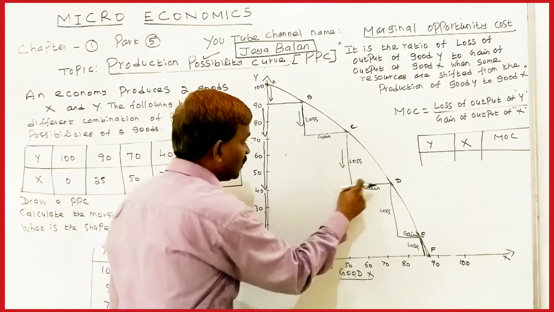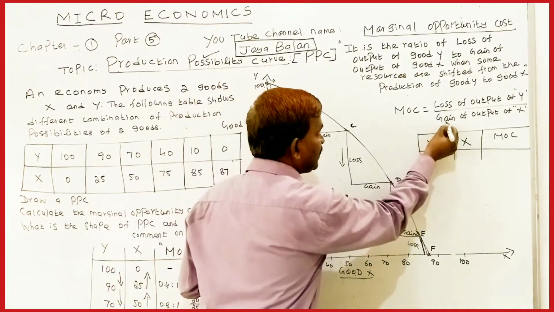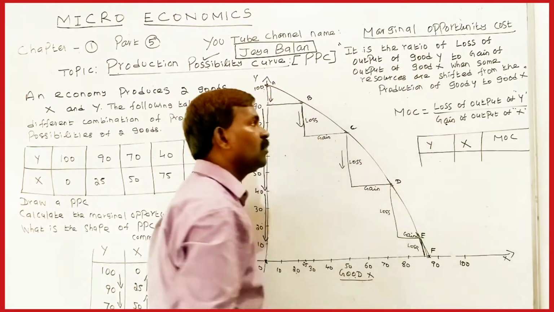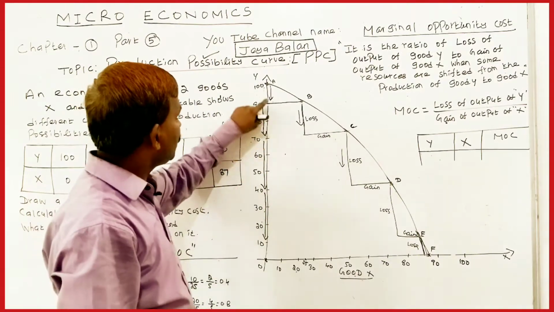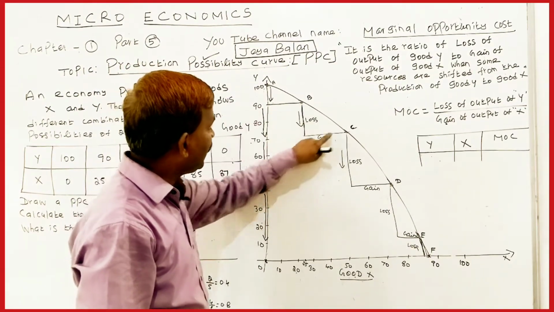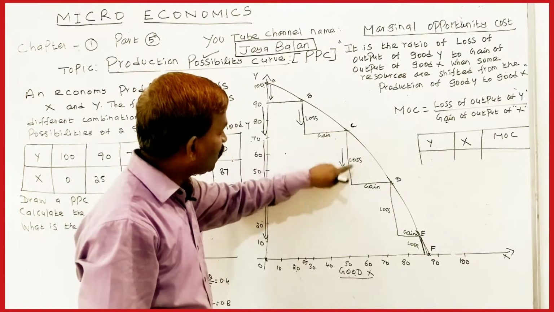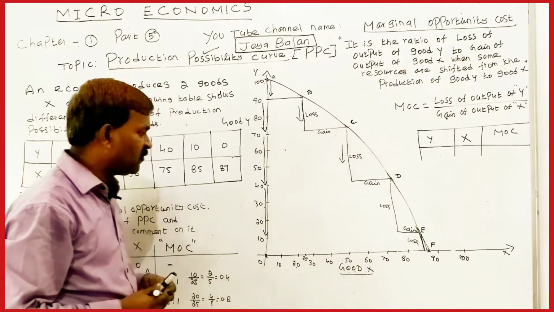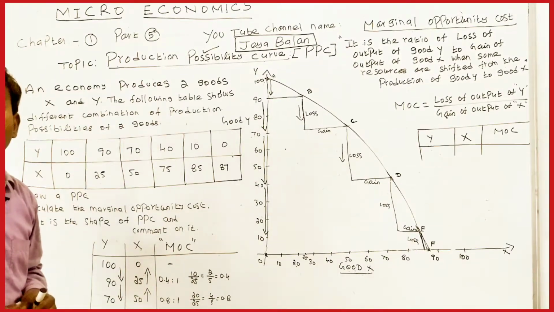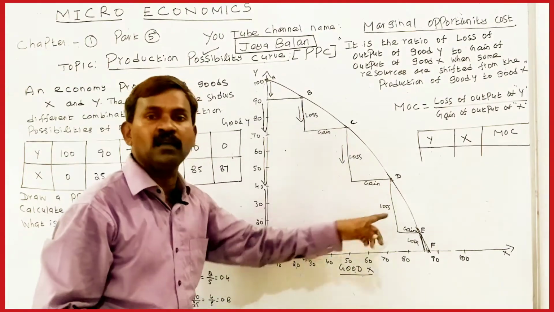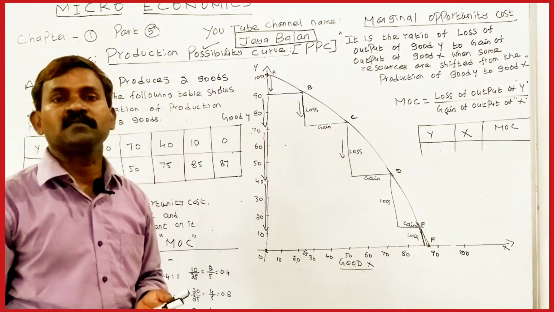So when the gain is less, the overall ratio will increase. See the first gain 25. Then again 25. At that time the loss is more. So when you calculate in the form of a table, you will understand in a better way, and then comment on the shape of the PPC.